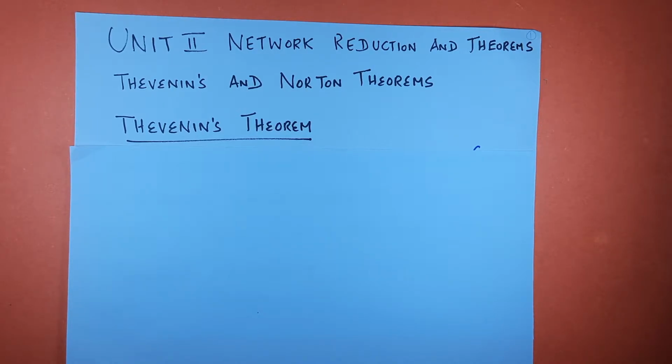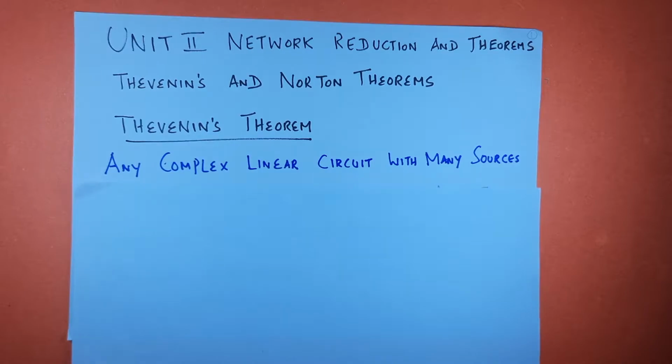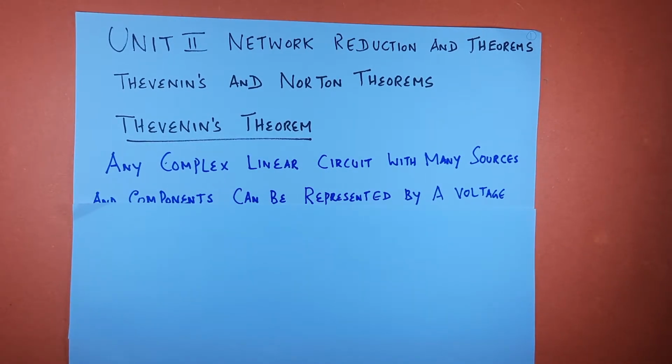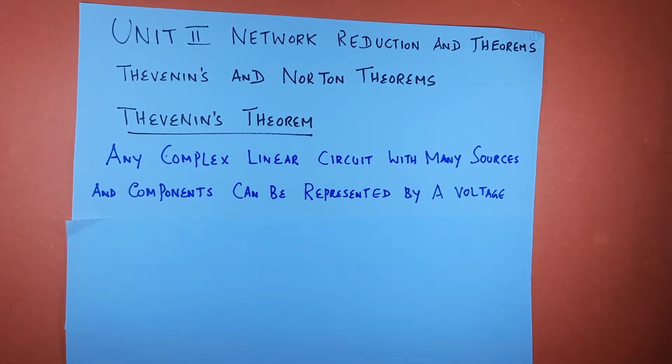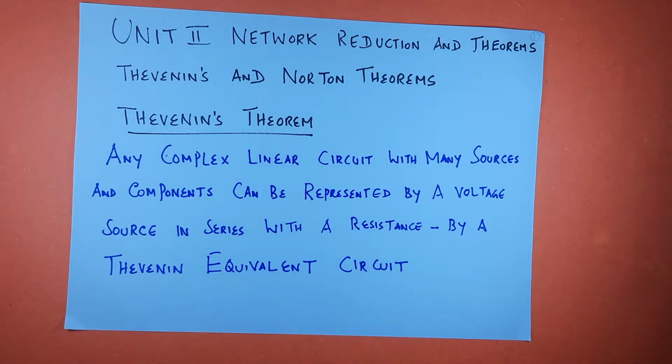This is called a Thevenin equivalent circuit. So any complex linear circuit with many sources and components can be represented by a voltage source in series with a resistance, that is, by a Thevenin equivalent circuit.